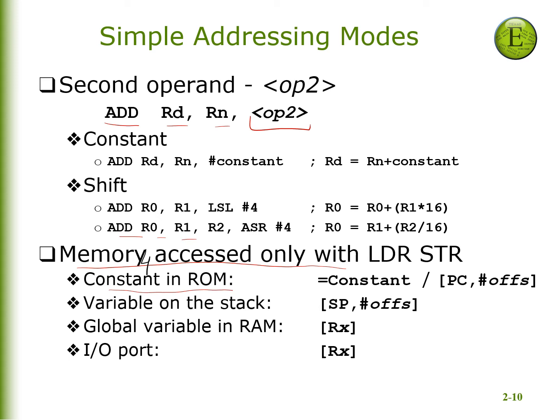How can we access that constant? We might be interested in accessing a portion of memory allocated as stack. We may be interested in the variables stored in the memory, in the RAM. Some of those examples came earlier in the lecture. And finally, we might be interested in accessing the I/O ports. Again, we've seen examples of that previously.